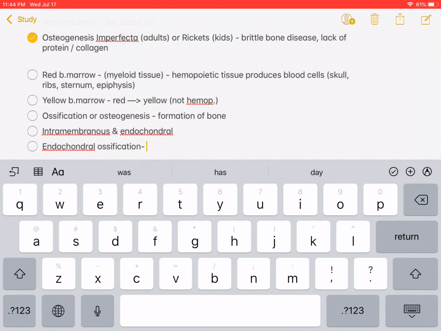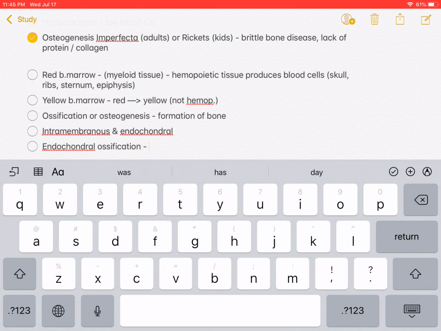Just remember that during your infancy and your childhood, the epiphyses actually fill with spongy bone. When it comes to endochondral ossification, the way to trigger your mind into remembering this concept is understanding what happens to the epiphyses.